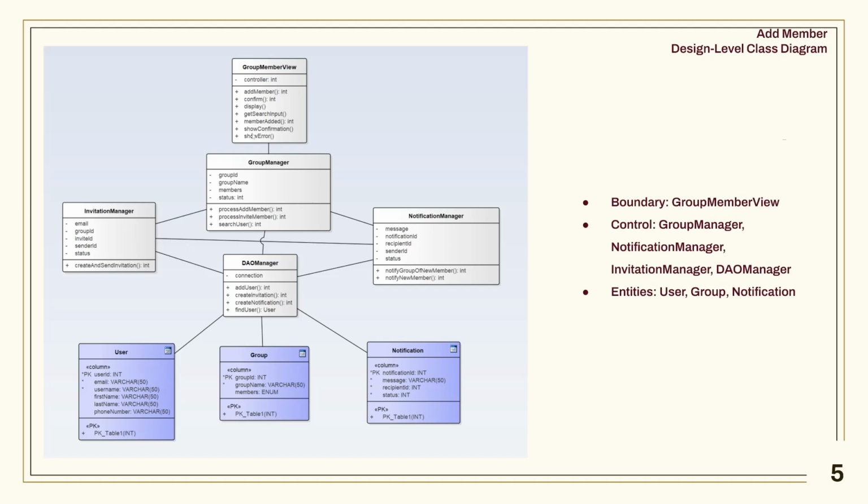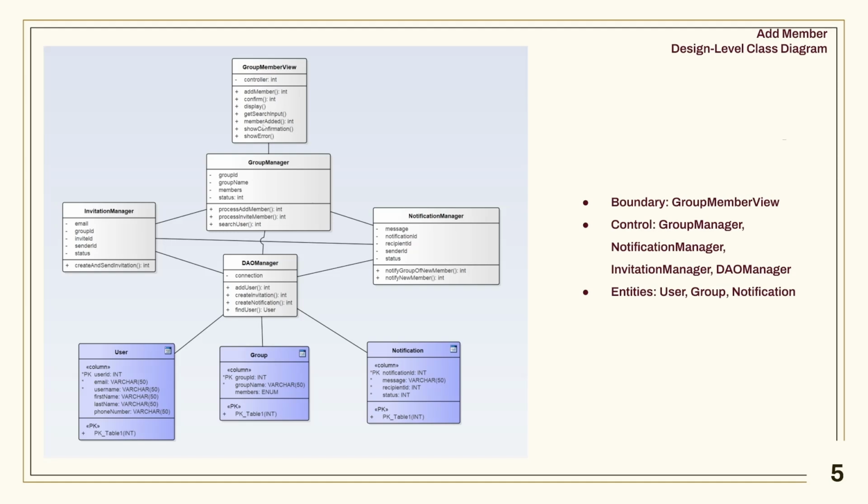So if the user selects inviting a new member, then the invitation manager will trigger an invitation and send that user the link to join that group chat. It has also the ability to trigger a notification for notifying the entire group, and also the new member. But that happens when the user has confirmed that they want to add that user.